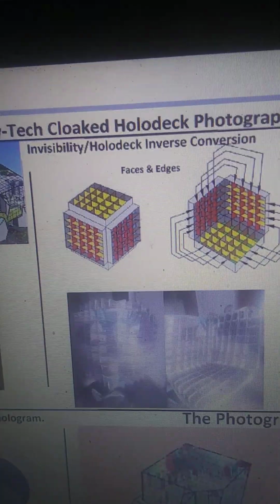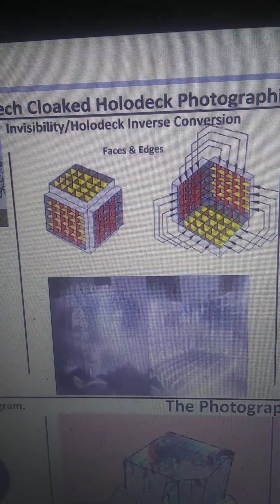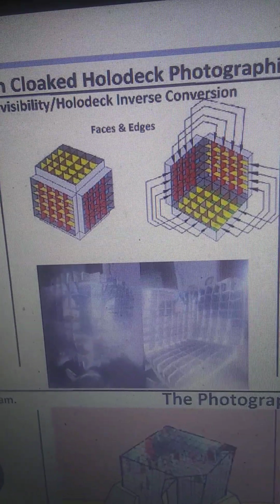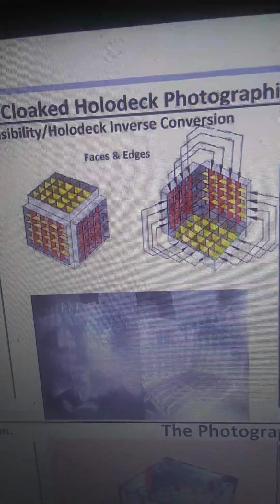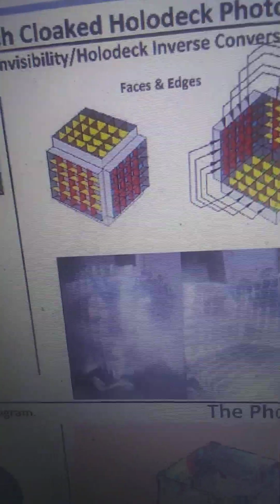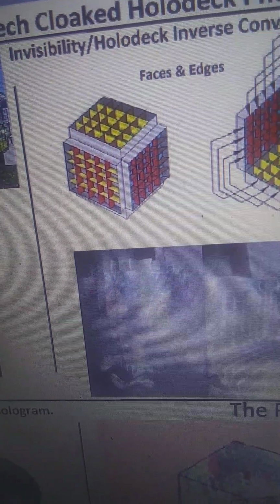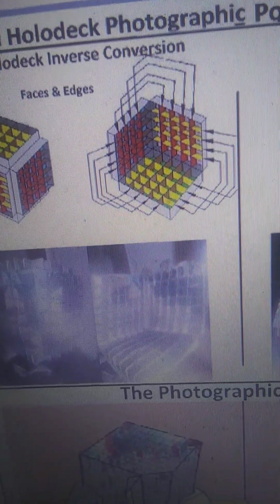But this is a holodeck invisibility, holodeck inversion, conversion, the two basic processes. The faces and edges, this shows what I've already done. That's of the downtown riverfront again, looking towards the River Park Center, and that's the holodeck inside.